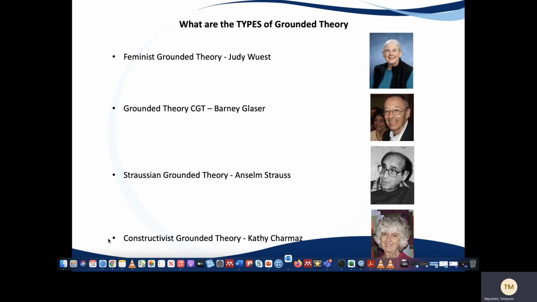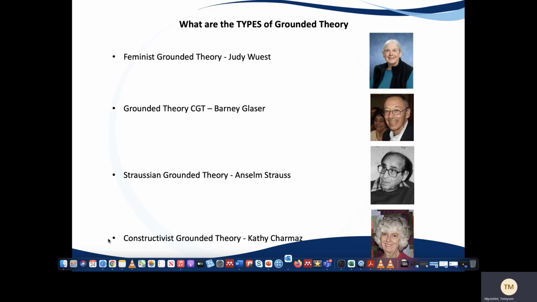Then there's grounded theory as in the traditional grounded theory by Barney Glaser, and then there's the Straussian grounded theory, which of course is by Strauss, and then Constructivist grounded theory.